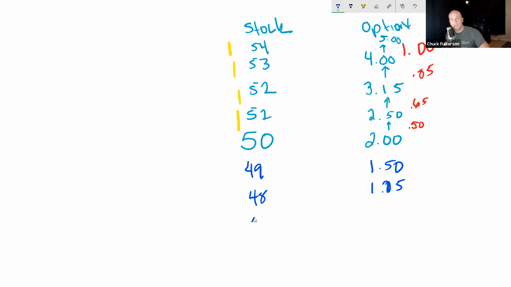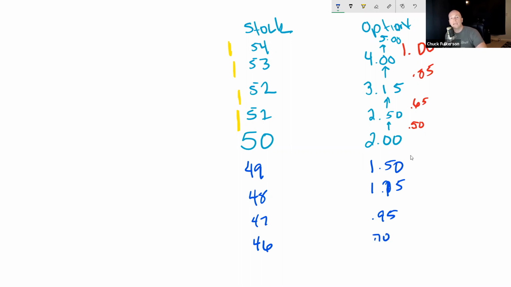Stock goes to 47, your option goes down to 95 cents. Stock goes to 46, and your option maybe goes down to 70 cents.